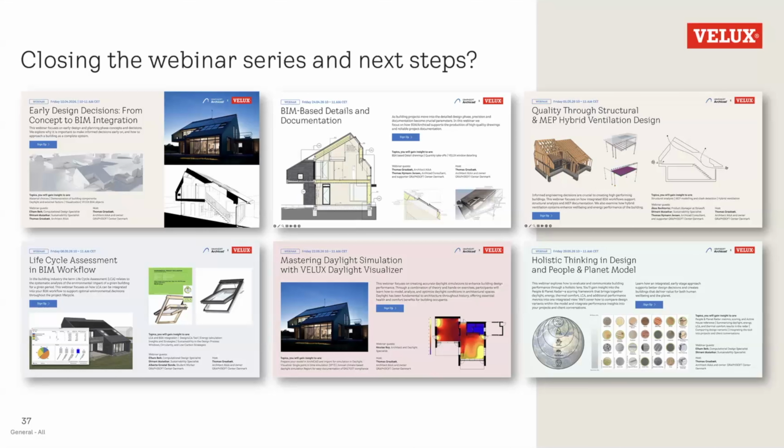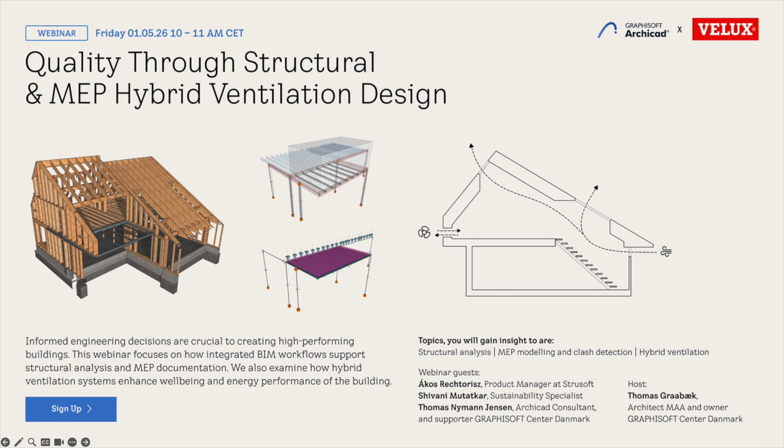The third webinar was the engineering one, where we showed how to model the MEP systems and also optimize the structural system of the building. By optimizing the structural system, we found out how to save materials, so how we could lower the CO2 emissions just by doing a very fast test.